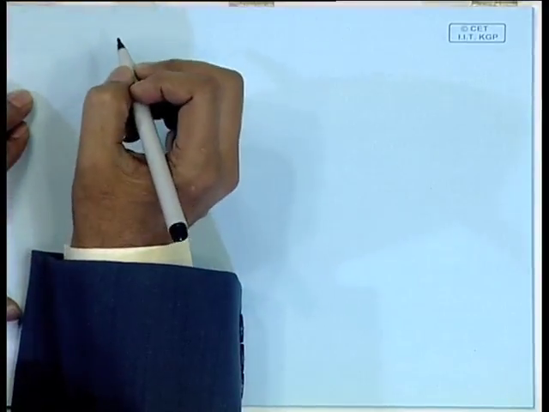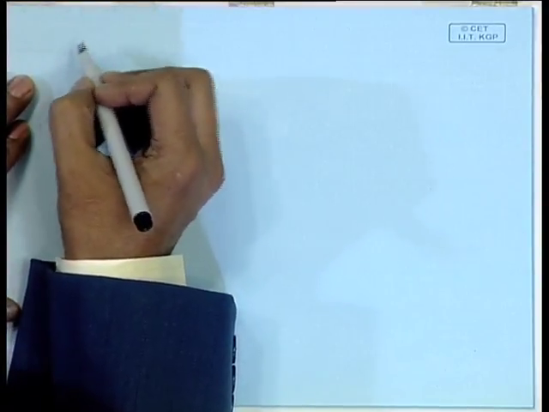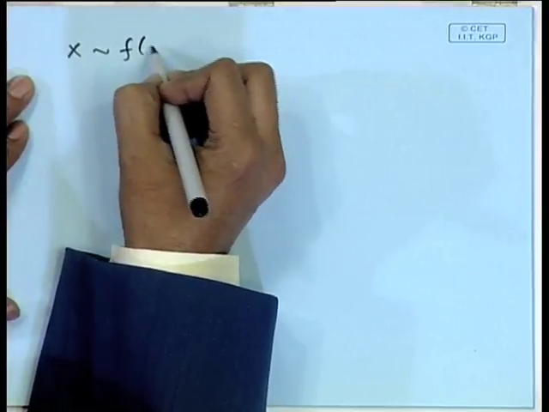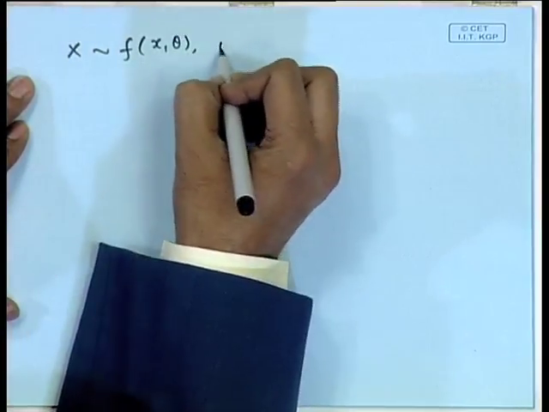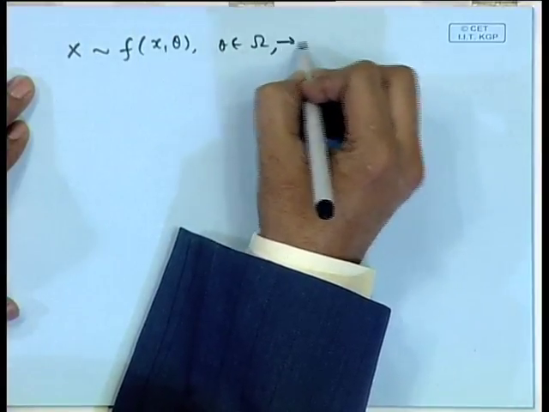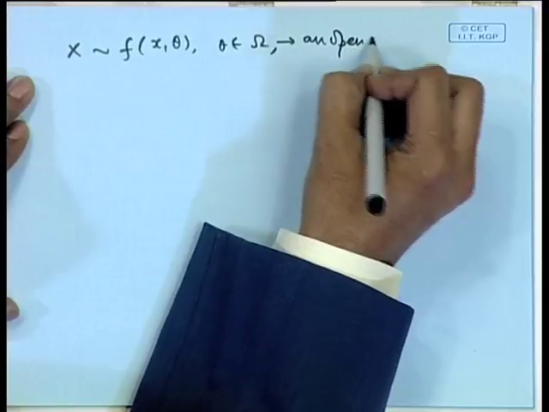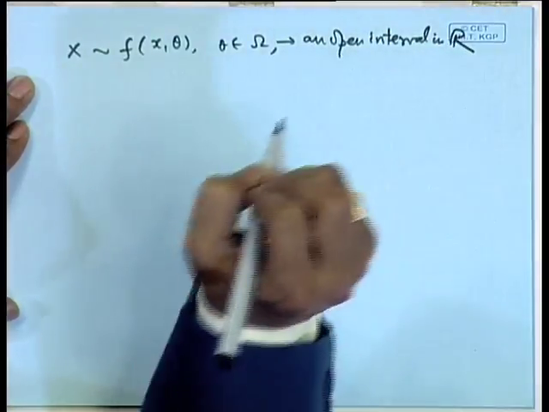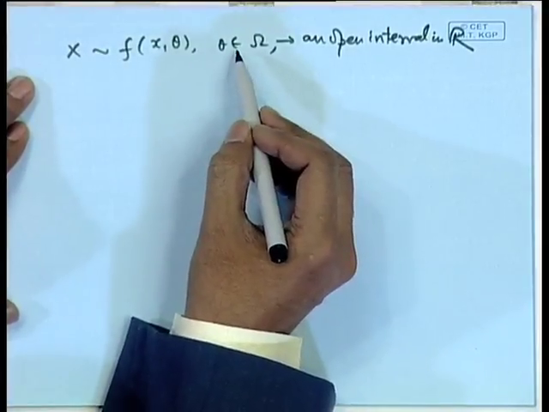So, we state in the following form. Let us have the following assumptions. So, we consider x has a distribution f x theta, where theta belongs to omega, and this omega is an open interval in the real line. So, that means, I am considering one dimensional case.